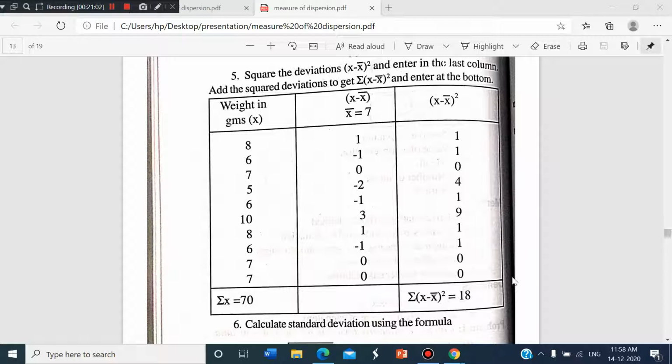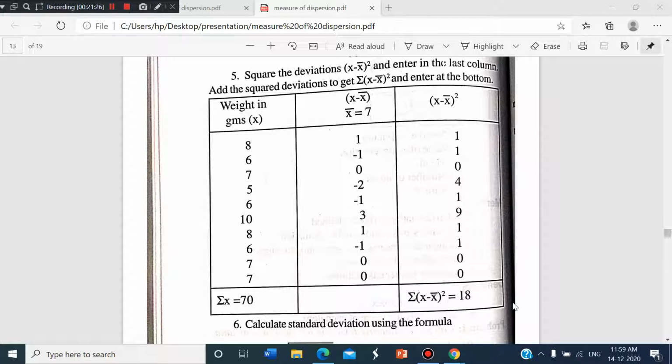Now what you require is the sum of this x minus x bar square. You make a total of all x minus x bar square values. That is summation x minus x bar square, which is 18.